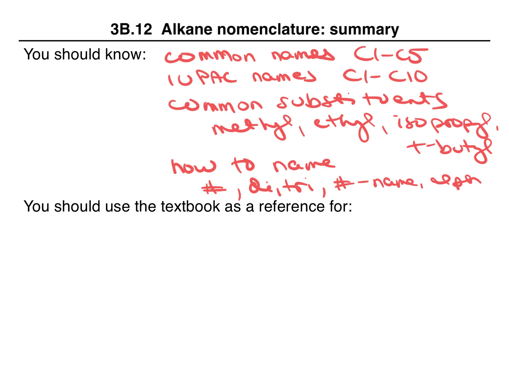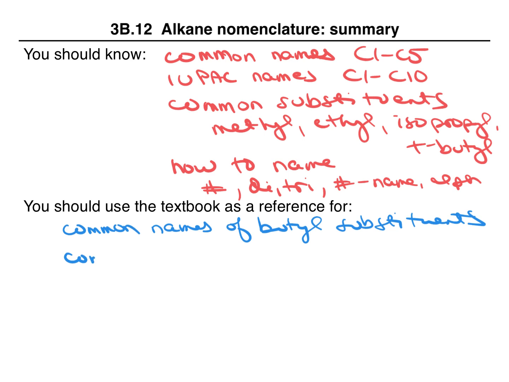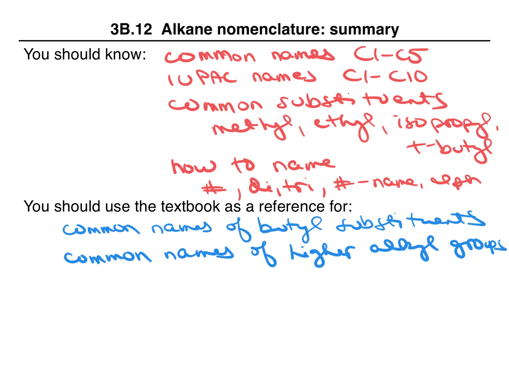Now you should use the textbook as a reference for the common names of the butyl substituents, the common names of other higher alkyl groups. So we can keep using sec and iso, but I'm not going to use those. If it comes up in a textbook problem, then use the textbook as a resource.